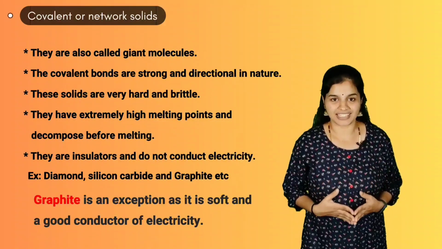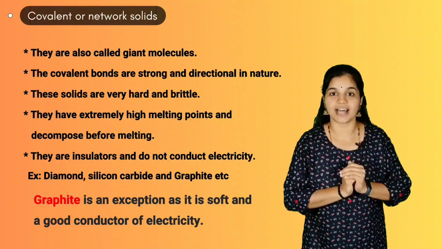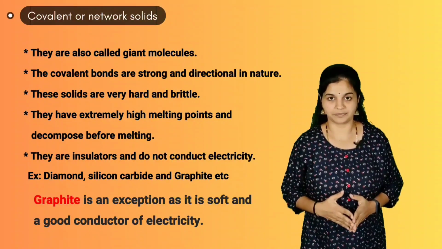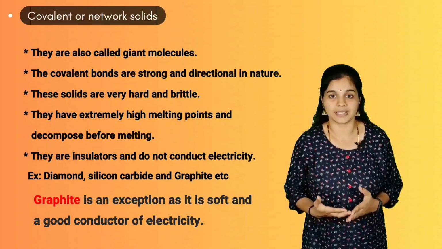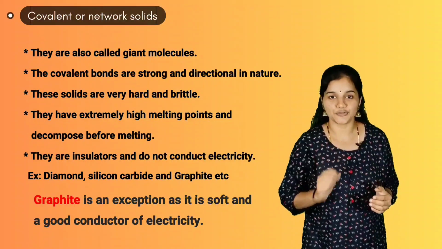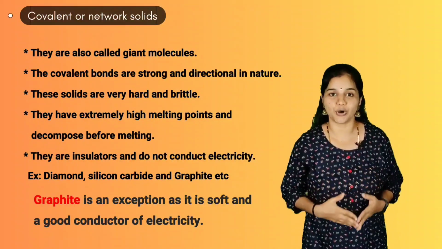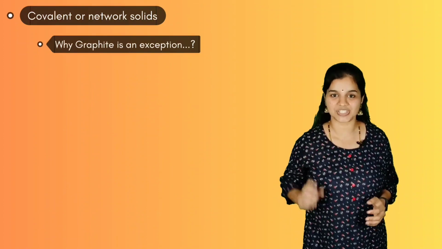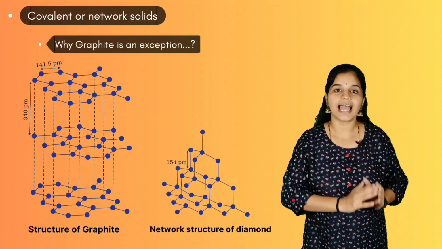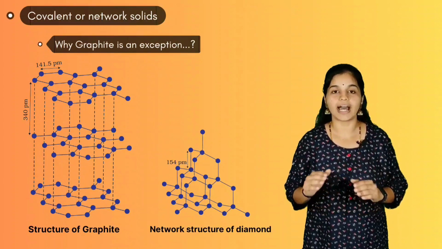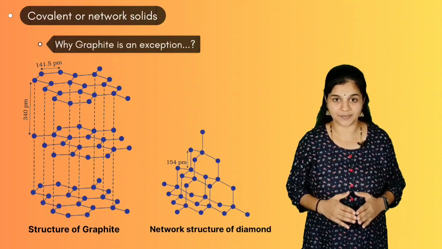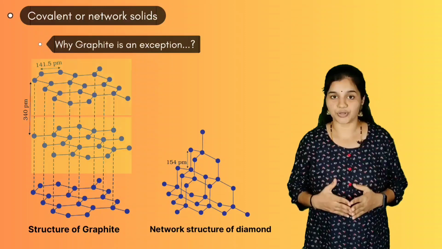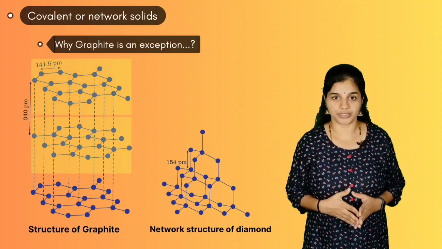Just now we have studied that covalent solids are hard and brittle. But what makes graphite soft and a good conductor of electricity? Yes, it is its structure. The carbon atoms of graphite are arranged in different layers, as you can visualize from the figure shown here.